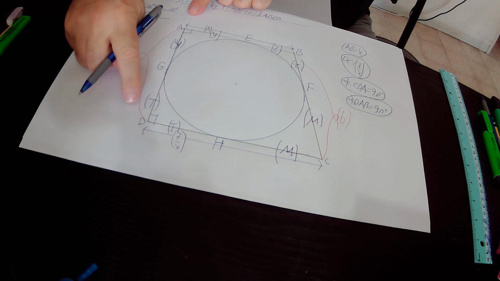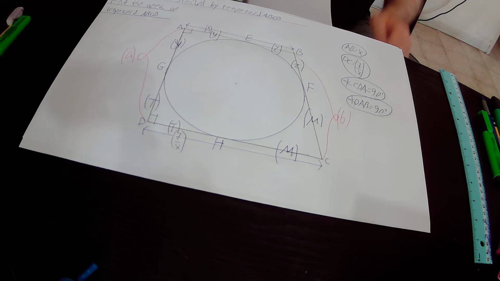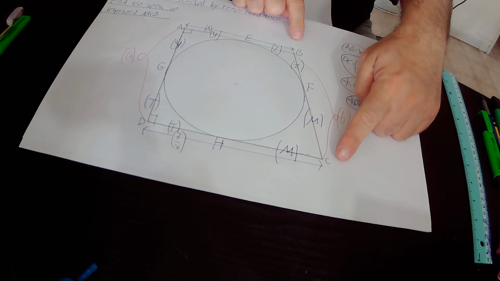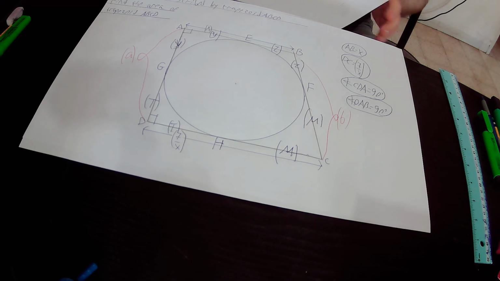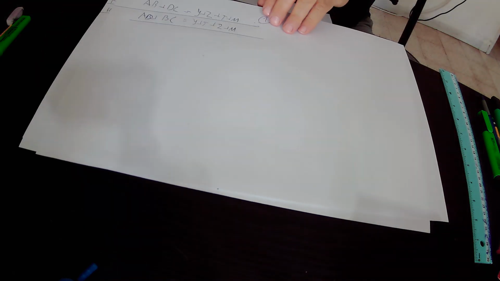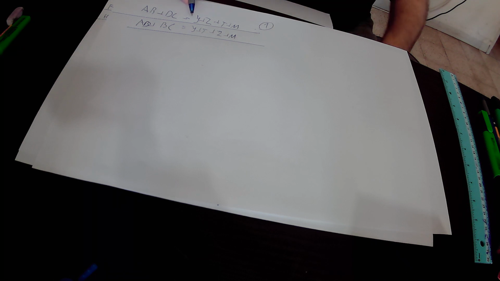AD equals y plus t and BC equals z plus m. So in total we found out that AD plus BC equals y plus t plus z plus m.